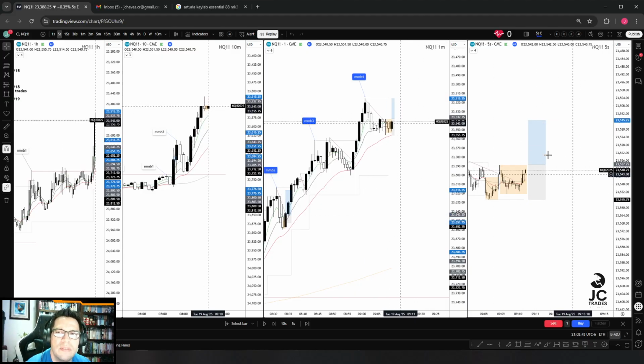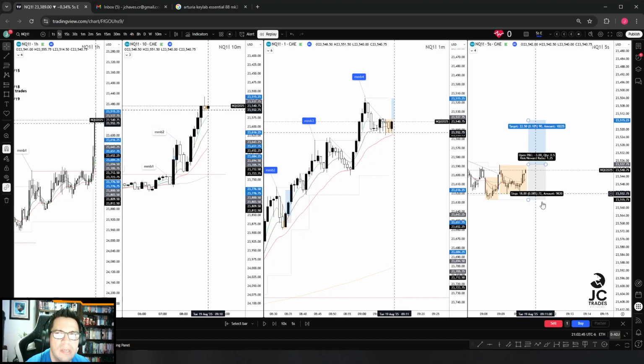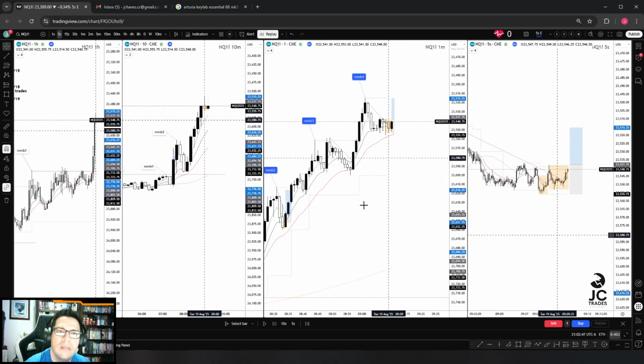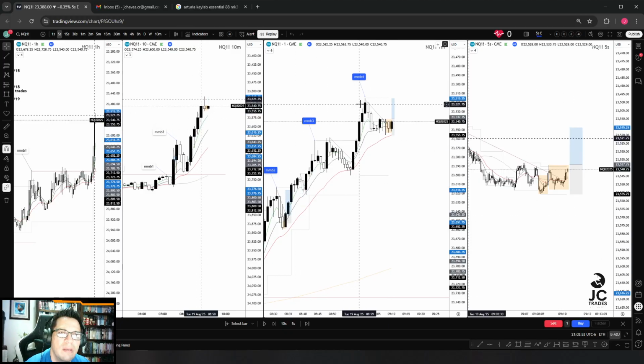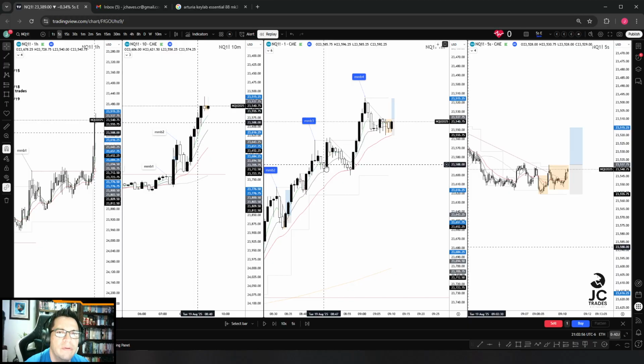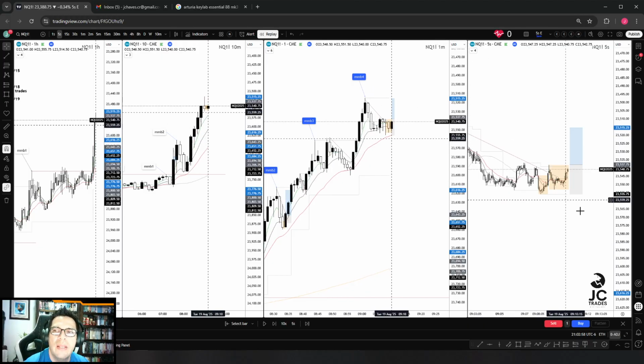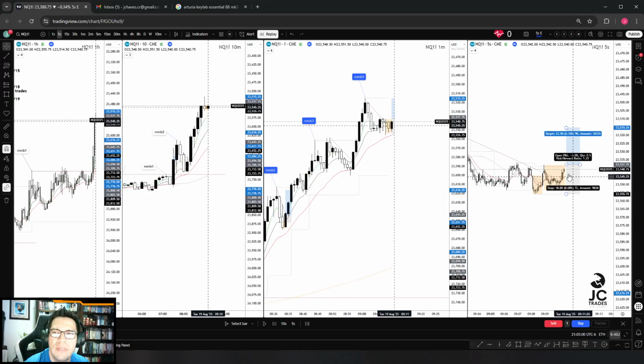So to be honest, this is not a trade I'm particularly interested in. Why not? Because we are already on the kind of end, I would say, on this move, on this bearish momentum. And what I did here is basically based on this risk.